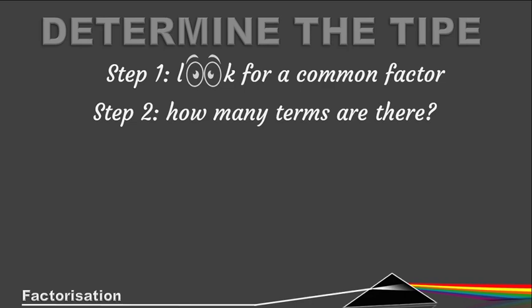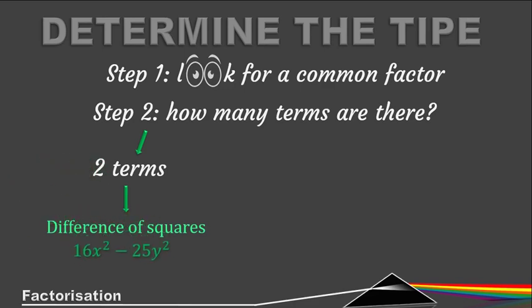Those are easily distinguished, because if you have two terms, then it will be a difference of squares, and we've seen what that looks like. With two terms, you can decide whether it is a difference of squares or not, because with difference of squares, you have to have a negative between your two terms, and both of these terms need to be perfect squares.